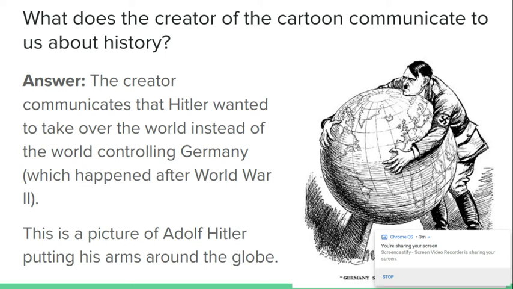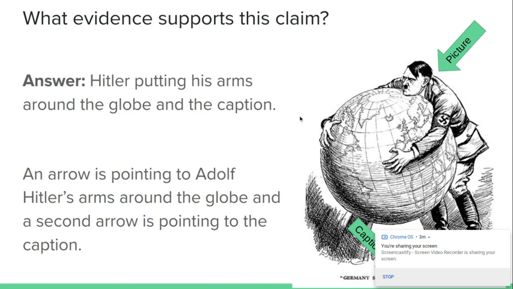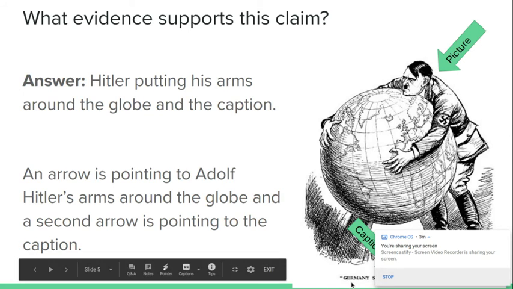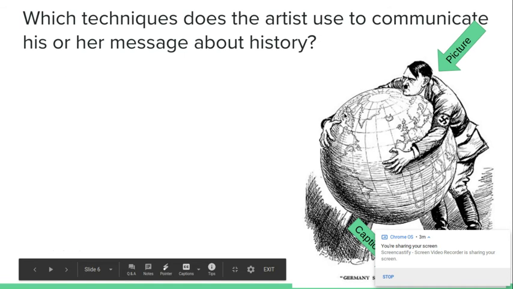And then the caption also helps us understand that a little bit. So, walking through the different parts, I just explained my claim, right? What evidence is there to support this claim? Well, the picture of Hitler's arms encircling the globe, and also the words in the caption support my claim.